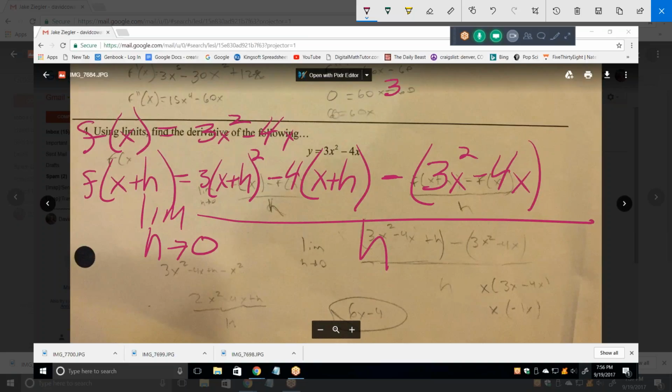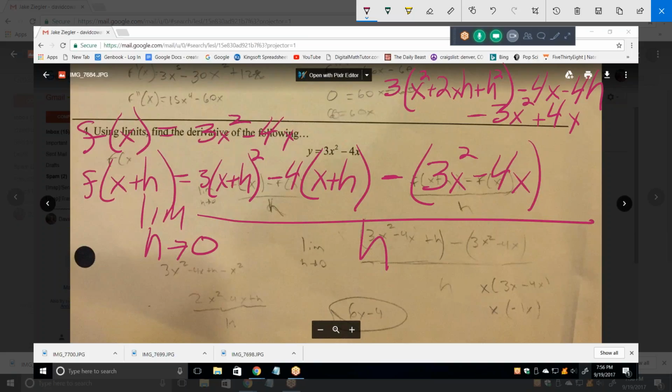Here's what we have. 3 times x squared plus 2xh plus h squared. You with me? Minus 4x minus 4h minus 3x squared plus 4x. You see why that's a plus? Okay.